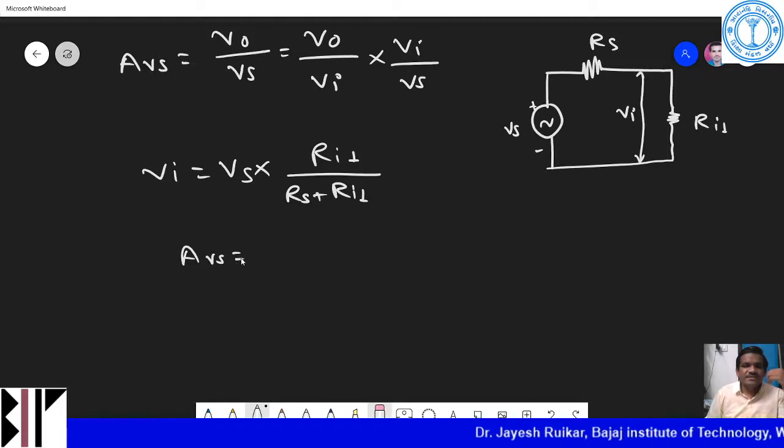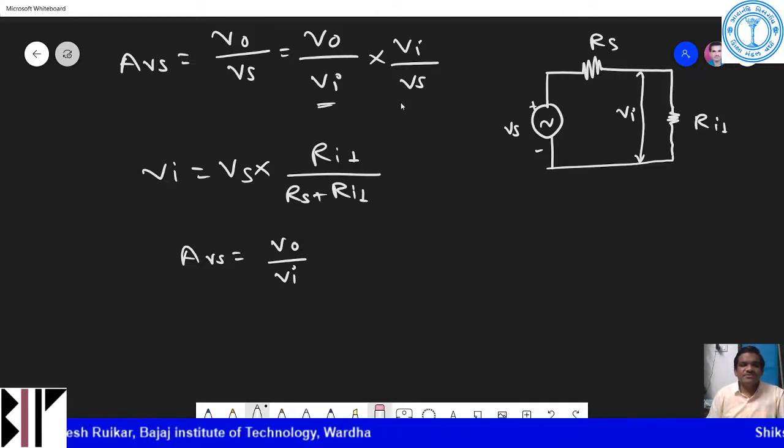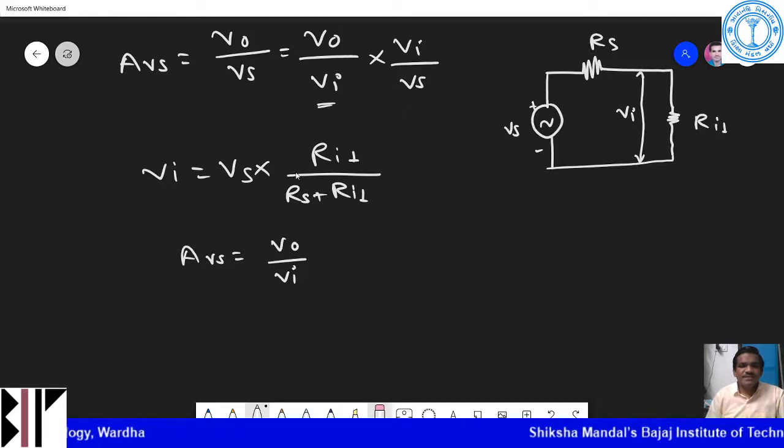So AVS is nothing but VO by VI as it is, and then VI by Vs. For VI by Vs, you can write this as Ri1 divided by Rs plus Ri1. If you manipulate this equation.